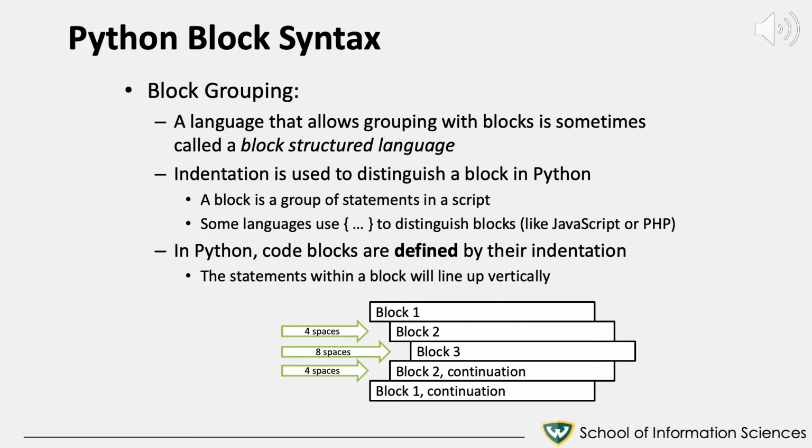Block 1, and then block 2 is indented 4 spaces, and then block 3 is indented 8 spaces. Now block 2 continues, and it's only indented 4 spaces, so vertically they line up. The same with block 1. Now that block 2 is done, we come back to block 1, and that has no indentation. So you can see that vertically, the code blocks are chunked using indentation.